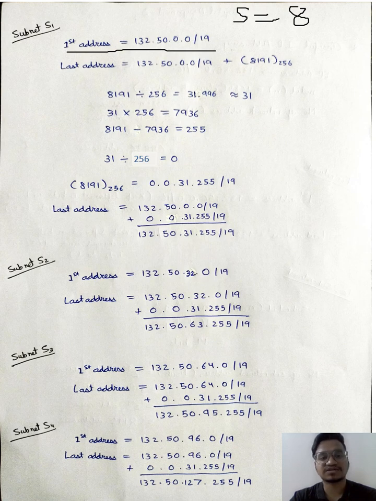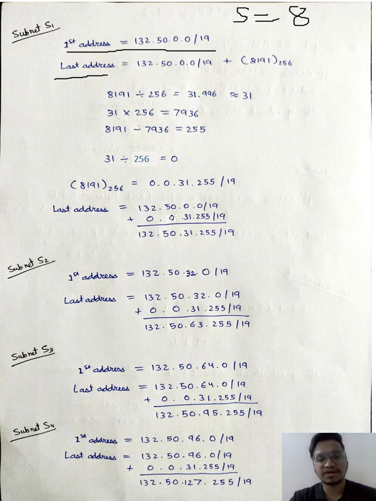Now how will the last address be calculated? What we have to do is, in the first address of the subnetwork, we add the number of addresses minus 1, so that we can reach the last address of that particular subnetwork. We have to do this in all subnetworks.